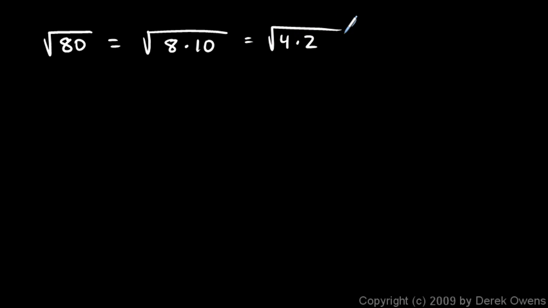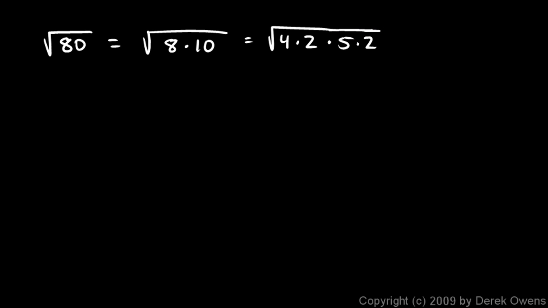Okay, a few more examples here. The square root of 80. Okay, how can we write that? Well, 80 is, let's see, it's 8 times 10. It's also 20 times 4. Let's do 8 times 10, and then let's factor each of those. 8 is 4 times 2, and the 10 is 5 times 2.